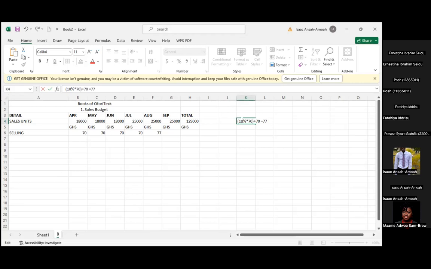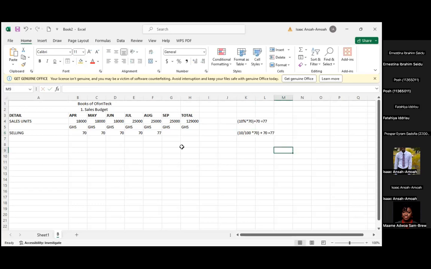Fatia wants to go the long way to say that 10% is just like 10 divided by 100 times 70 in bracket added to 70, right? Fatia, so your answer is 77, but that's a long way, right?